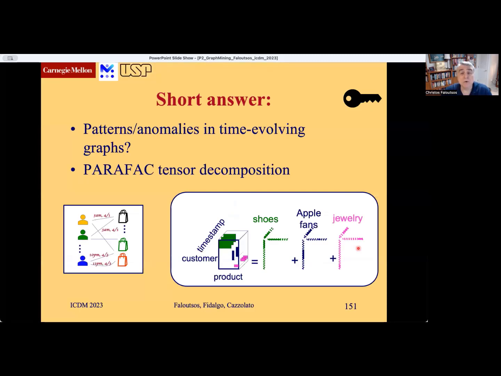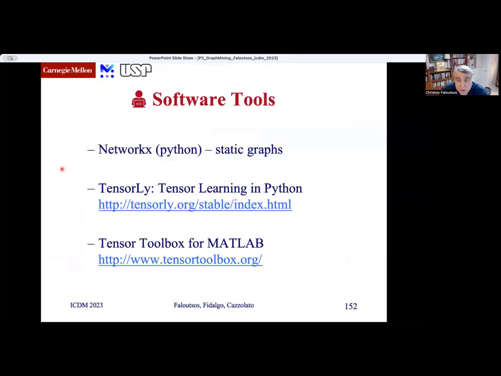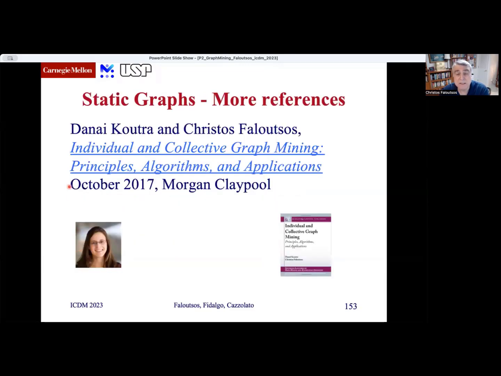So the conclusion for time-evolving graphs, how we find patterns in time-evolving graphs, is we can start with a PARAFAC tensor decomposition that we just mentioned. Here are the resources. NetworkX is a great Python package to analyze graphs. This is a Python package for tensor analysis, and a MATLAB package for tensor analysis.